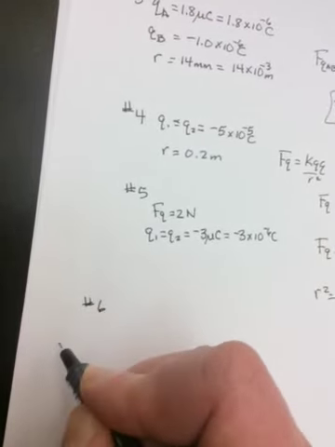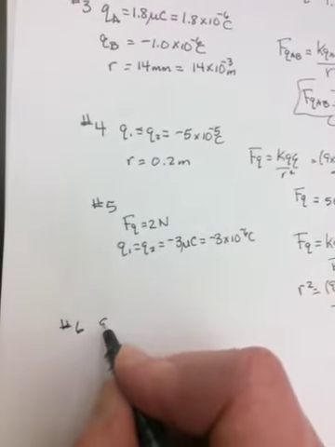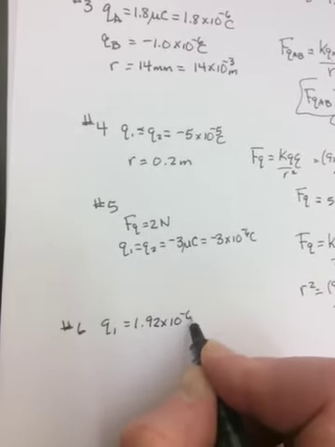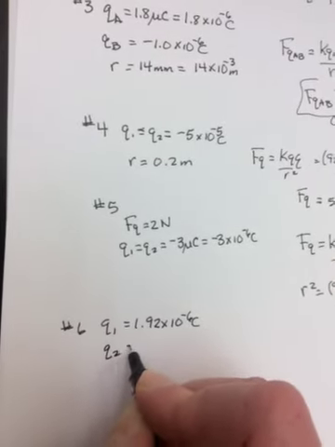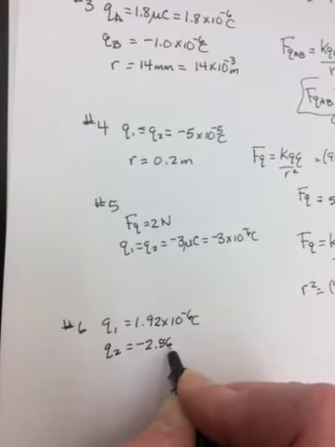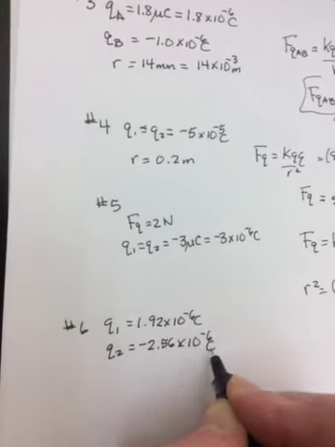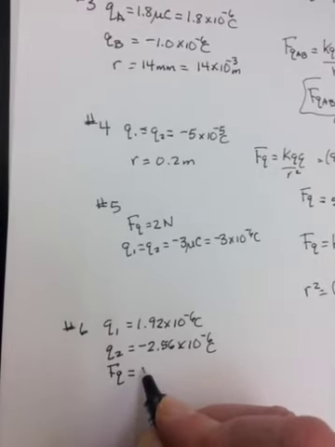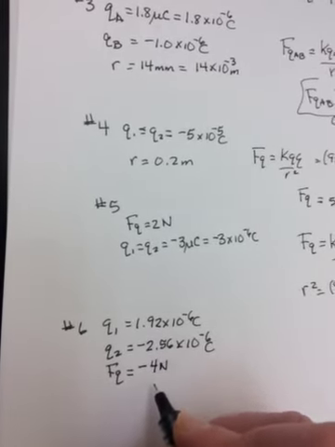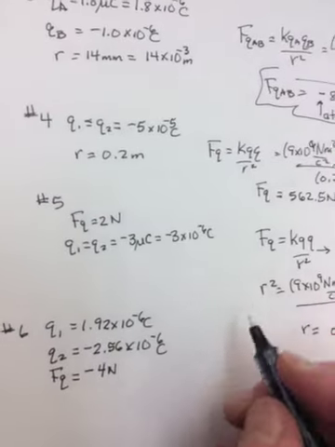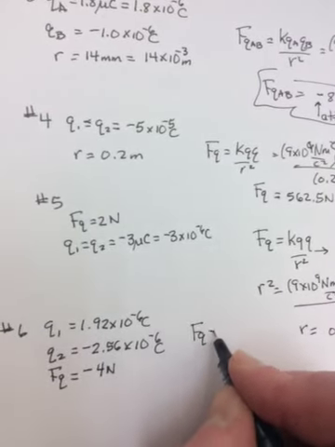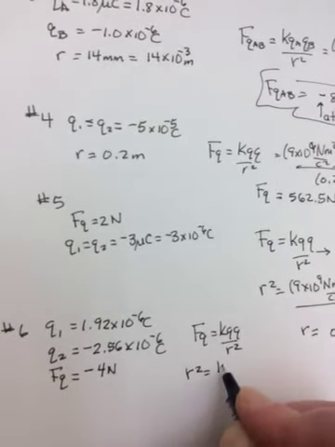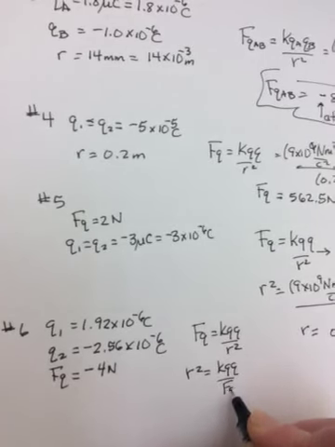Number 6, an object with a charge, so Q1 is 1.92 microcoulombs, so times 10 to the negative 6. Q2 is negative 2.56 to the negative 6. They exert an attractive force. Remember, attraction is a negative thing, so minus 4 newtons on each other. How far apart are they? So again, FQ is equal to k Q Q over R squared. You're solving for R squared, so k Q Q over FQ.